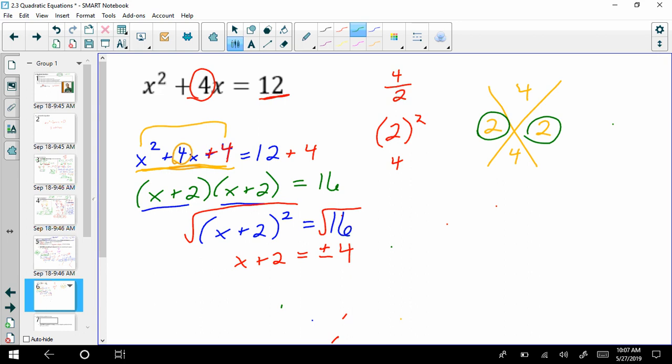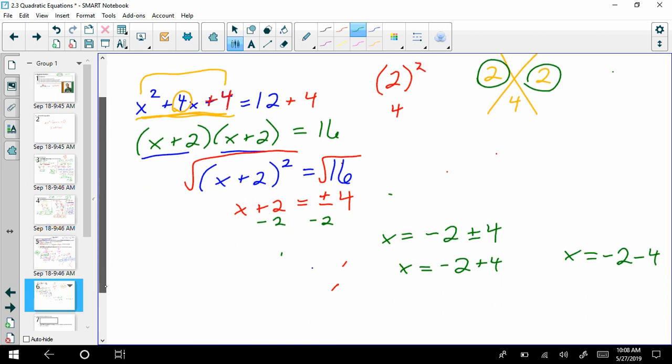And the last step, I want to subtract 2 over. So I get negative 2 plus minus 4. And now I'm going to write my two answers out separately. So negative 2 plus 4 and negative 2 minus 4.